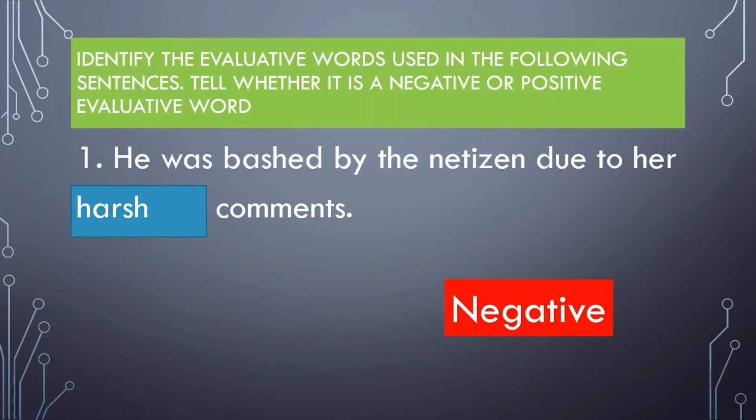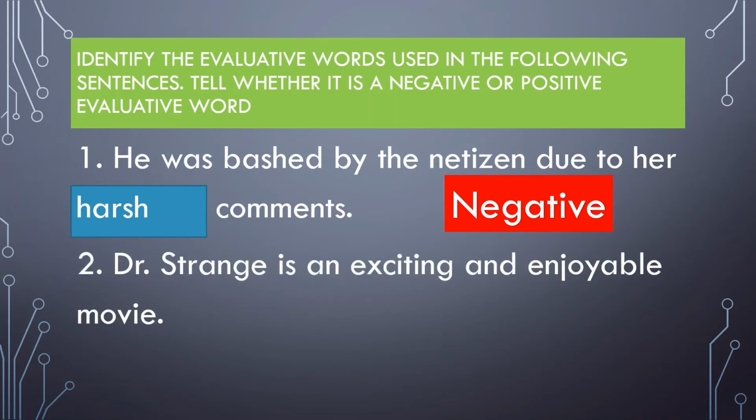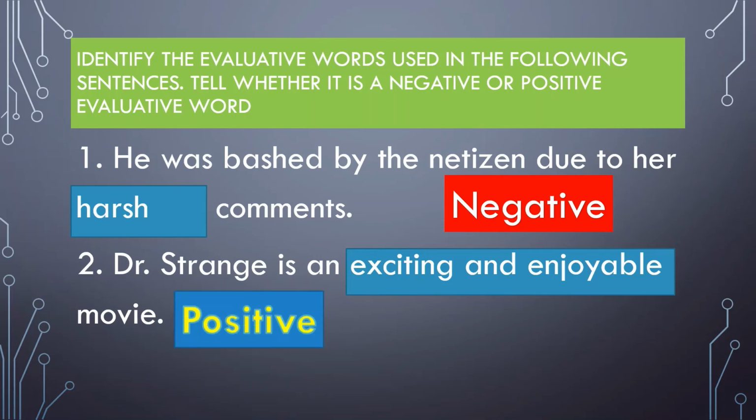And it is a negative evaluative word. Number 2. Doctor Strange is an exciting and enjoyable movie. What are the evaluative words? Very good. Exciting and enjoyable. And both of them are positive evaluative words.